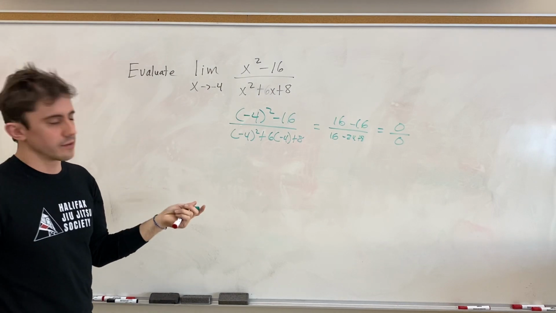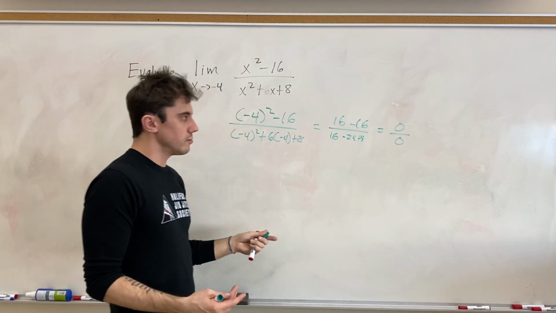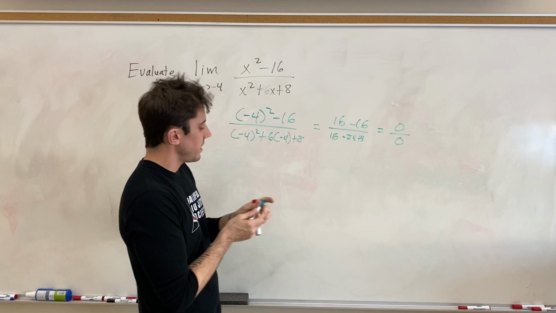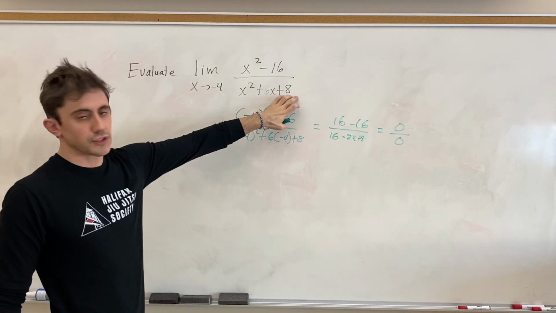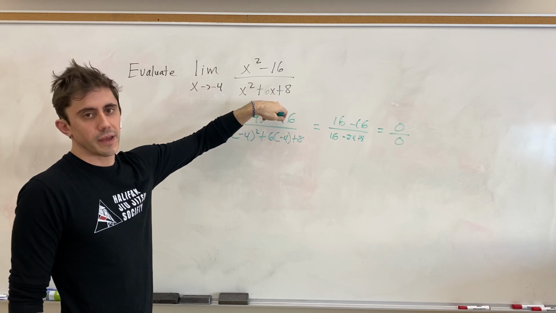We could also have an infinity over infinity, but in this case we have an indeterminate form of 0 over 0. So, at first glance the limit might look like it doesn't exist, but if you remember how to work with rational functions, you might remember that we can factor both the top and bottom.